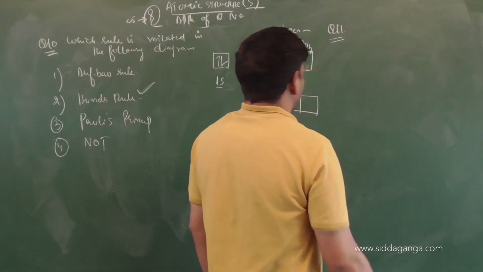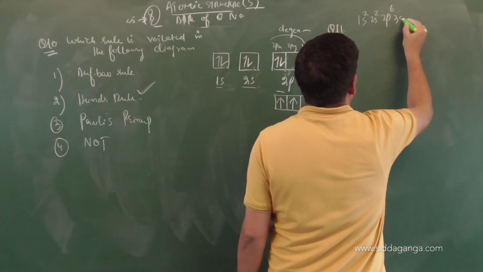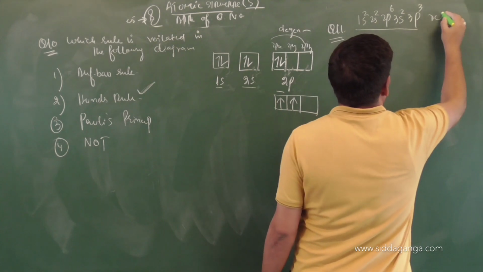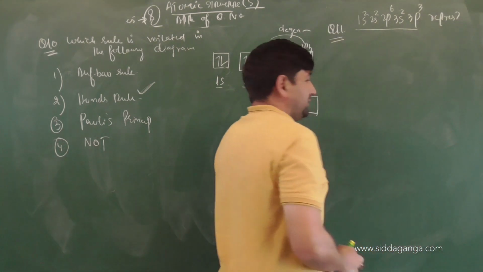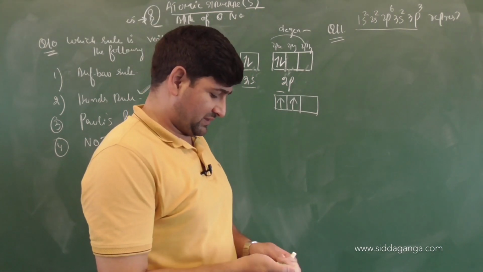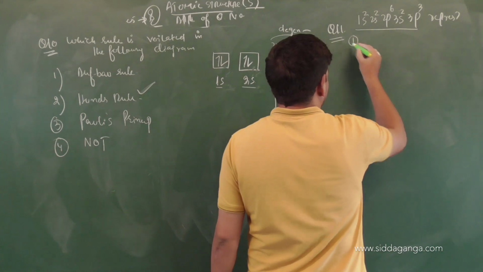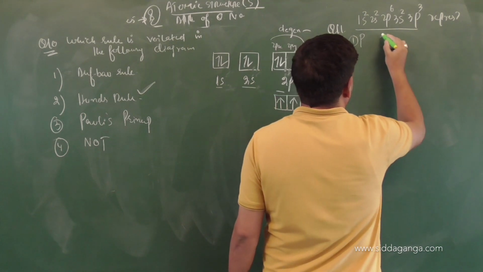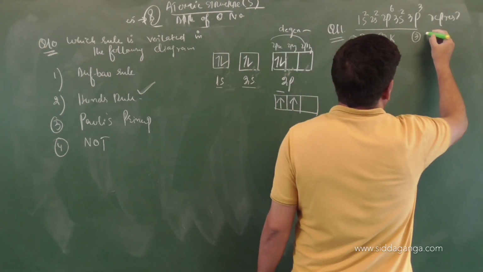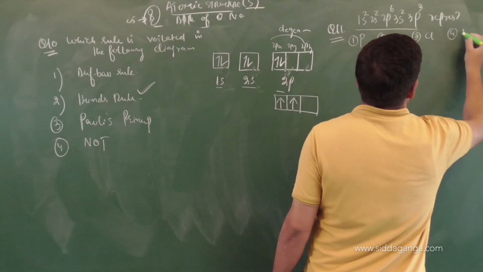Let us see question 11. 1s2, 2s2, 2p6, 3s2, 3p3 represents, this electronic configuration which is given to you represents, options are phosphorus, option 2 is potassium, option 3 is chlorine, and option 4 is magnesium.